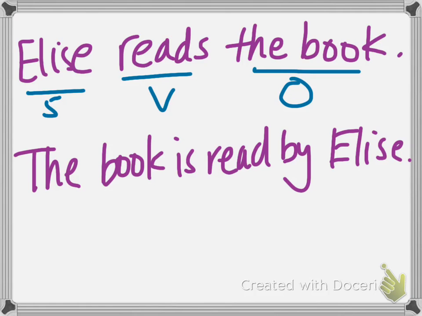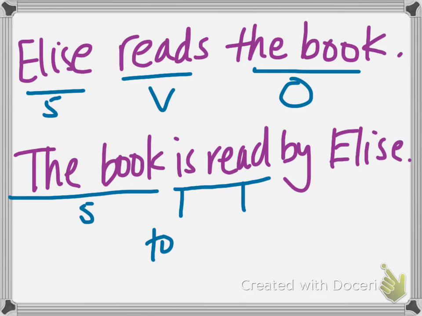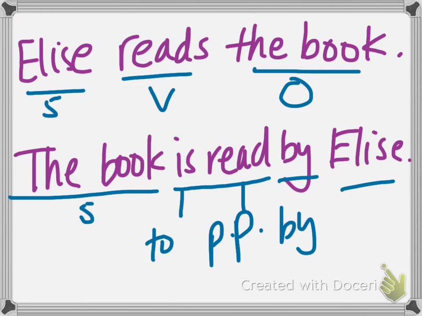So now let's look at the sentence with the same idea but in passive voice. It's this sentence. The book is now the subject. Is read is your verb. You need to be, and then the past participle of the verb. By. And now your subject is here now.